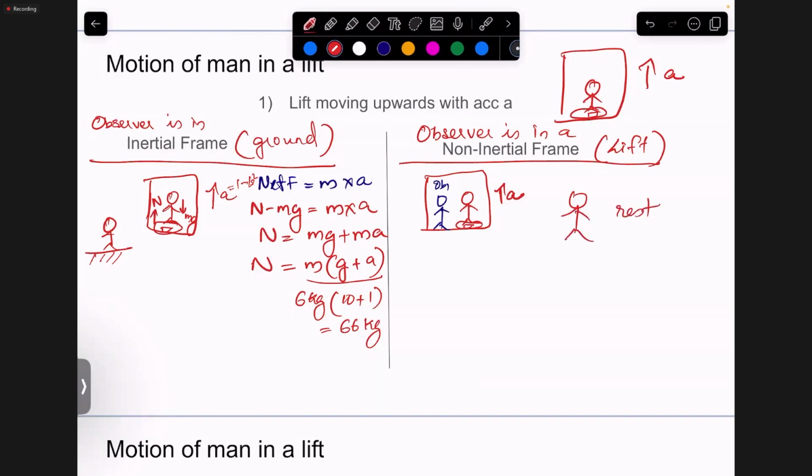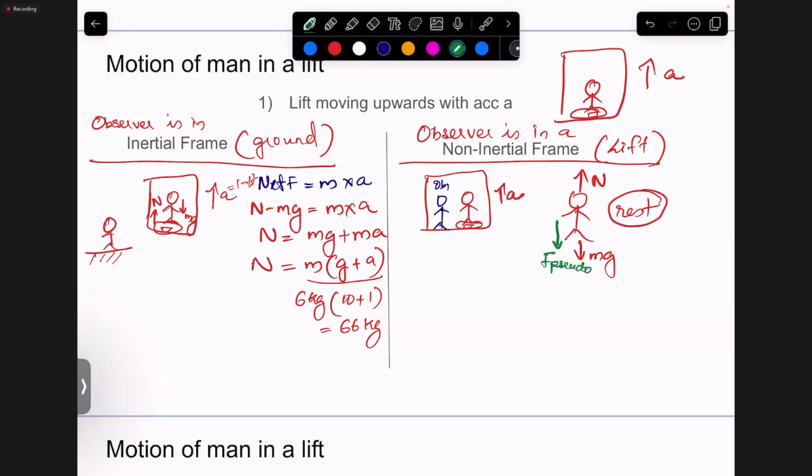So what is happening? This normal reaction is there, then this weight of the man is there, and this person traveling inside the lift is at rest. But another thing is, whenever you are talking about a non-inertial frame, you will always add something called a pseudo force. How to add that?